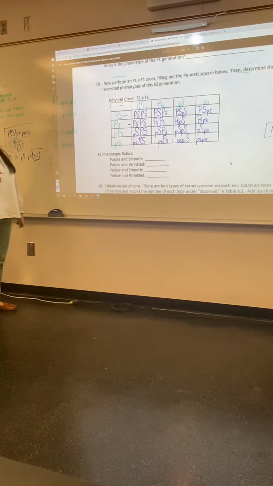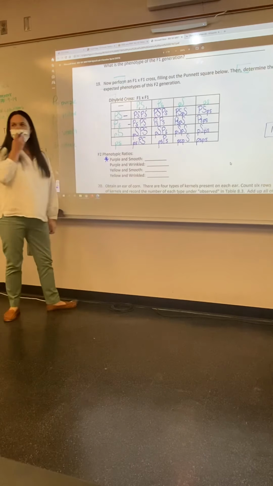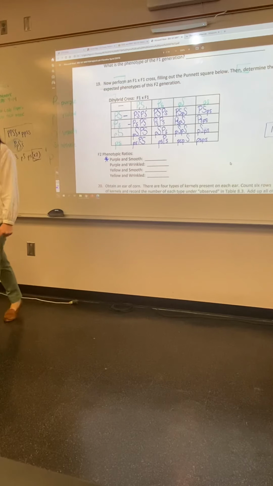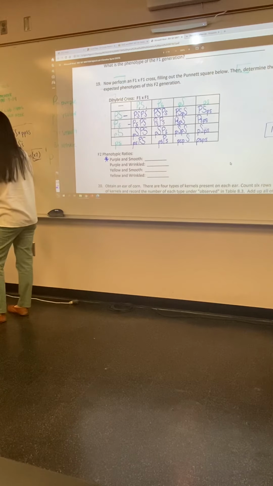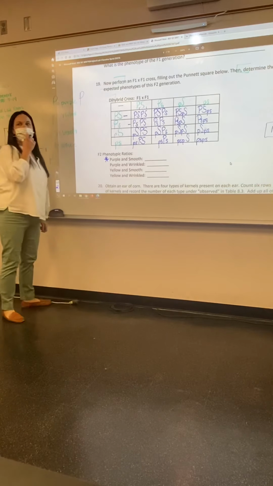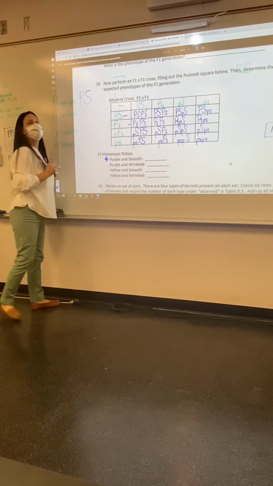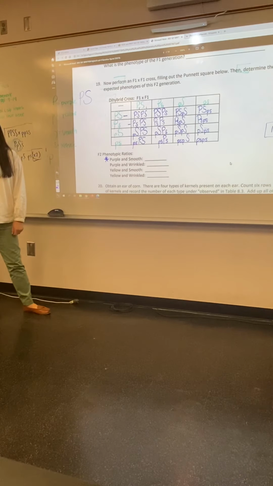The first thing we want to look for is how many purple and smooth I got. If I'm purple, I'm going to have a capital P, and if I'm smooth, I'm going to have a capital S. I'm going to go through here and find every square that has a capital P and a capital S. It doesn't matter in what order because they're dominant.